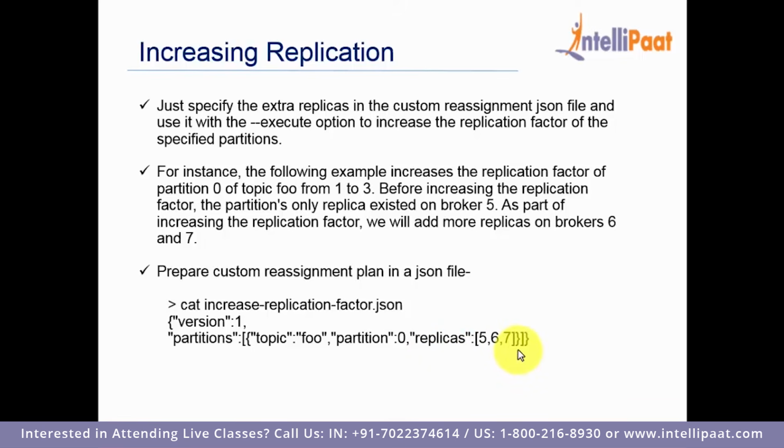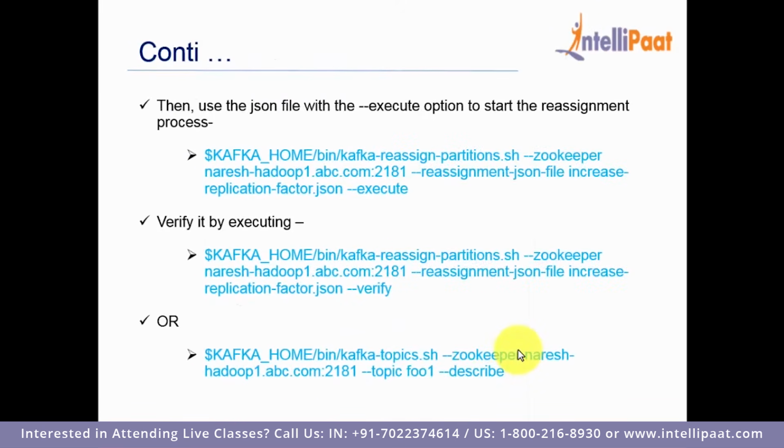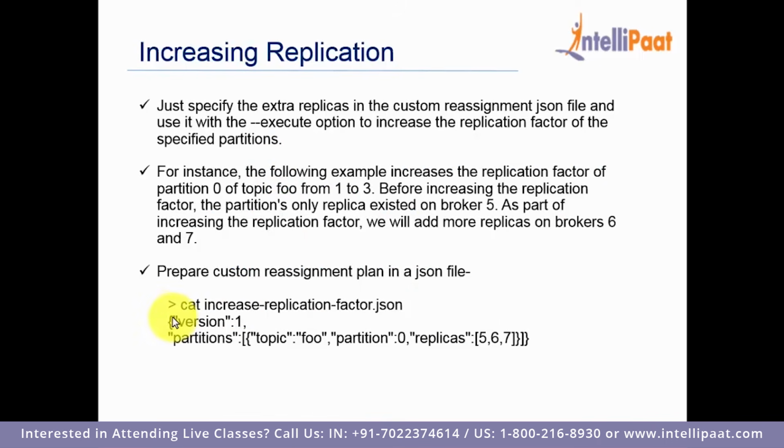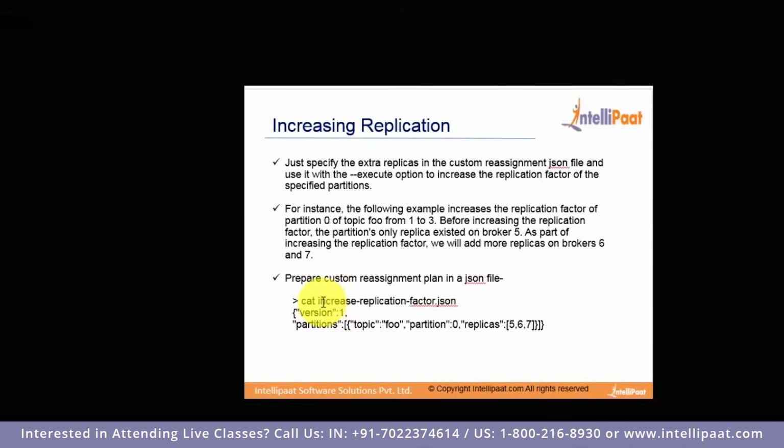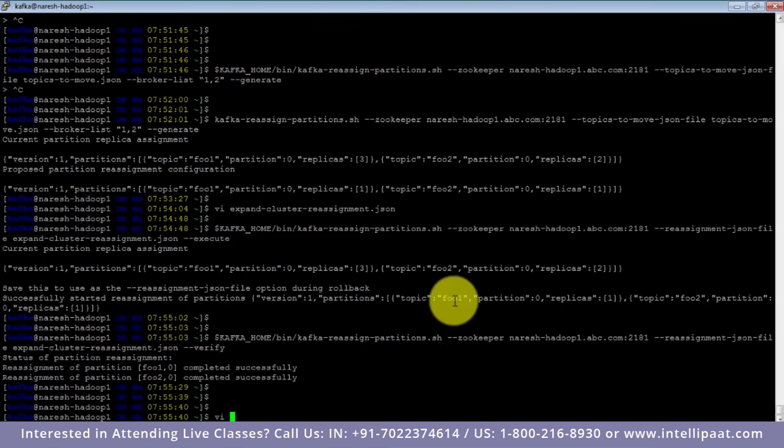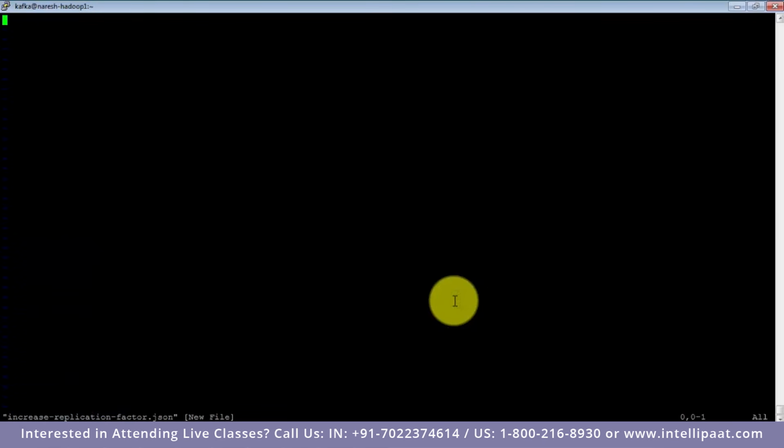Now let us try to do this. Let us prepare this file, increase-replication-factor.json. We are going to do this for foo1. I open this file.